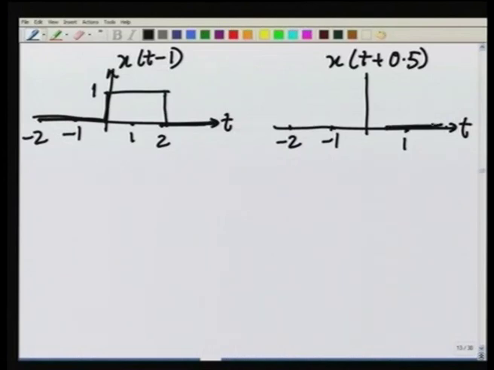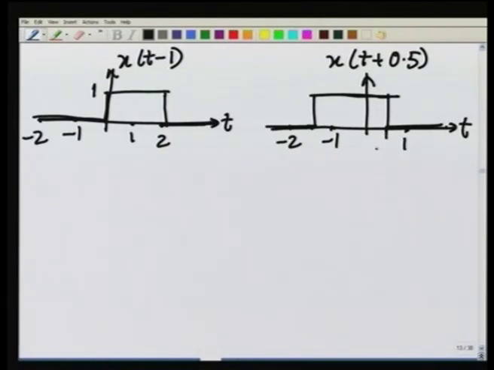The transition at 1 will occur at 0.5, and the transition from 0 to 1 which occurred at minus 1 is also shifted towards the left by half. So, we come to this place and make this plot for x of t plus half. It is shifted by half.